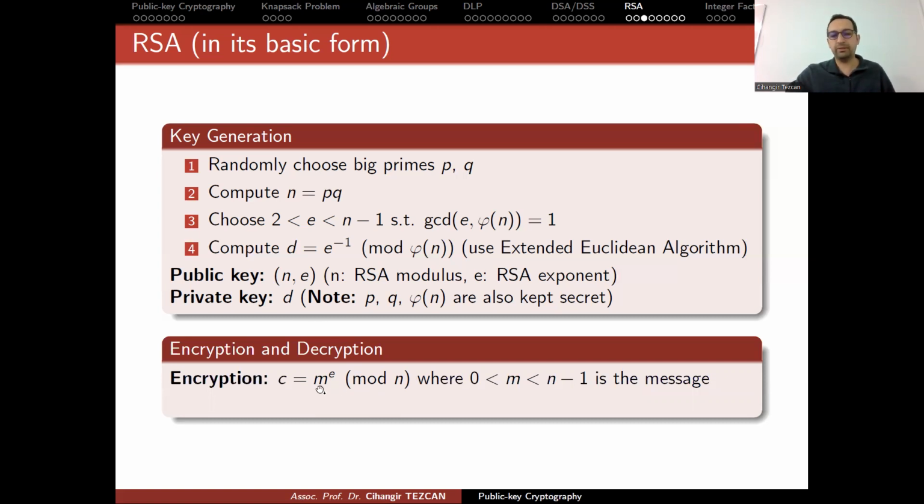Once they want to send you the message, they calculate the eth power of this message modulo n, obtain the ciphertext c, and this is the message they send to you. To decrypt it, you take c to the power d, only you know d. Recall that d is the private key. And this turns out to be m modulo n. This comes from number theory, and I will show it in the following slides.